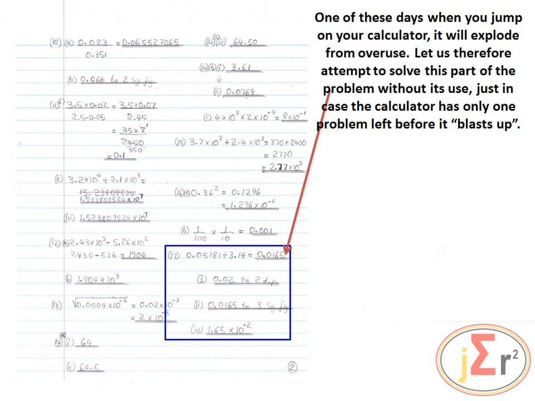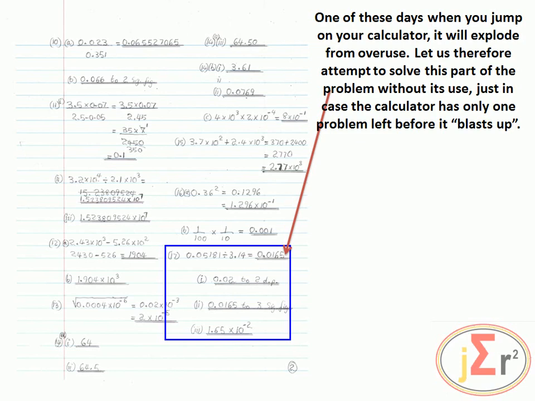This is where our fun begins. One of these days, when you jump on your calculator, it will explode from overuse. Let us therefore attempt to solve this part of the problem without the use of a calculator, just in case the calculator has only one problem left before it blasts up.